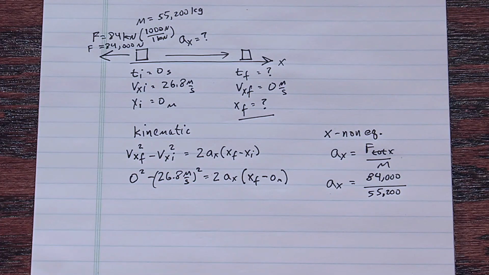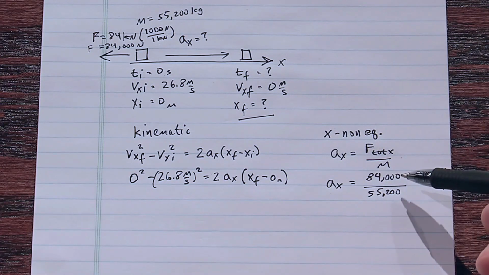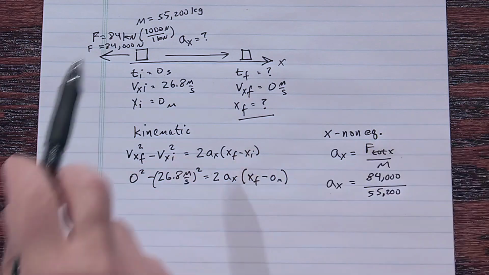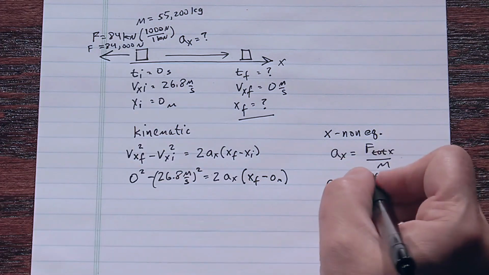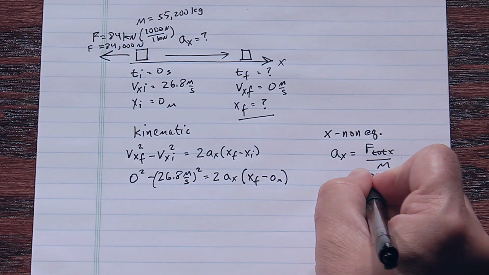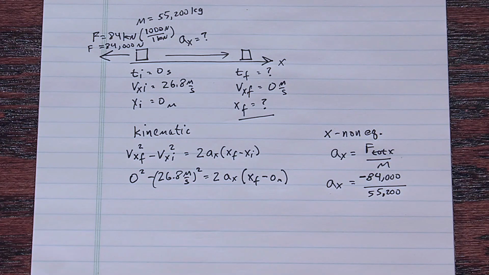And that means that we can calculate a_x. Oh, actually, I made one mistake there. The force is 84,000 newtons, but it's pointed in the negative x direction. So we have to be sure to have our negative sign to indicate that the force is pointed in the negative x direction.